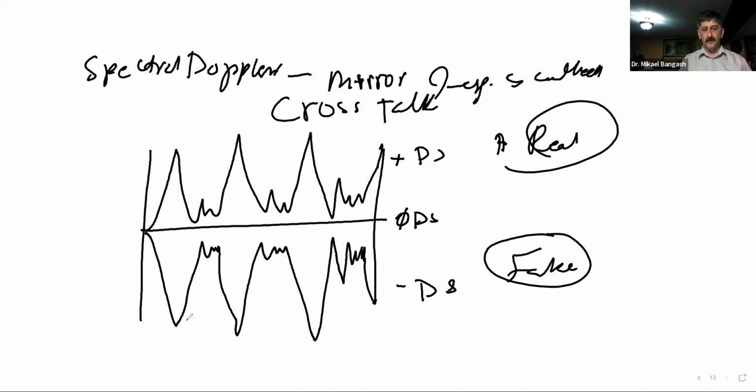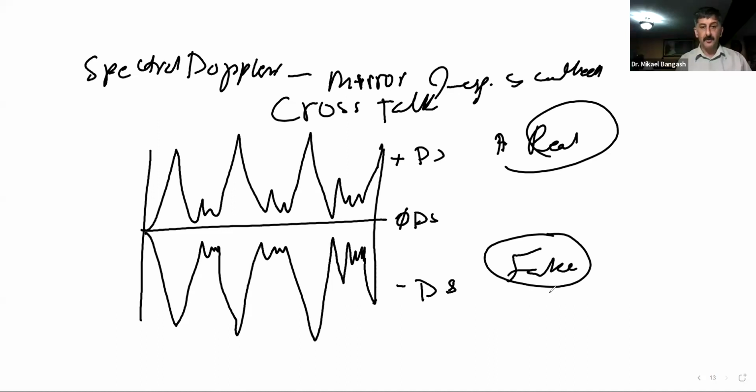But what if we're actually measuring a negative Doppler shift, and the positive Doppler shift is the fake one? Right?